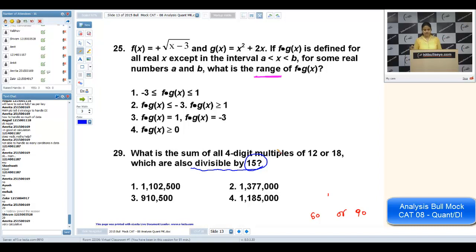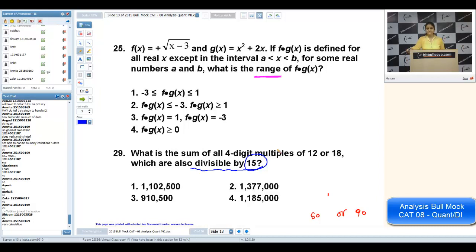So when I saw this question at the first go, you are adding multiples of 15. If every number is divisible by 15, their sum should be divisible by 15 as well. So I checked all 4 options.